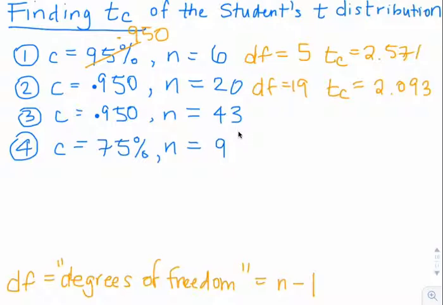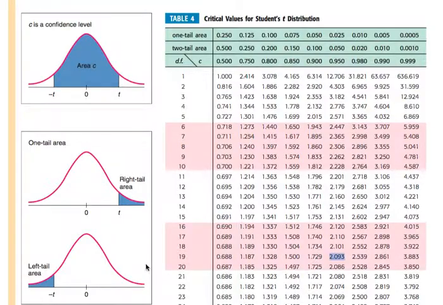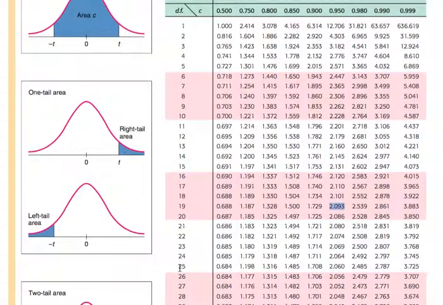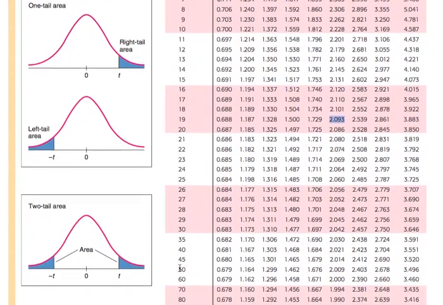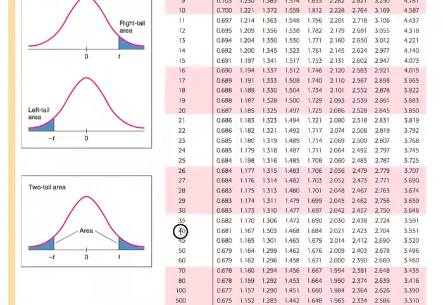Let's look at the next one. Here we have 43 as our sample size, so our degree of freedom is going to be 42. Then we look up what our t sub c is. We're going to have to scroll down a little bit to get to 42. We notice we have 40 and we have 45, so we don't have 42.